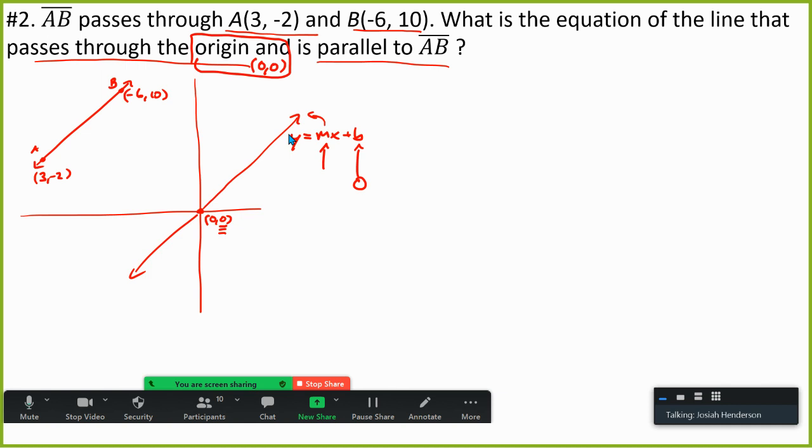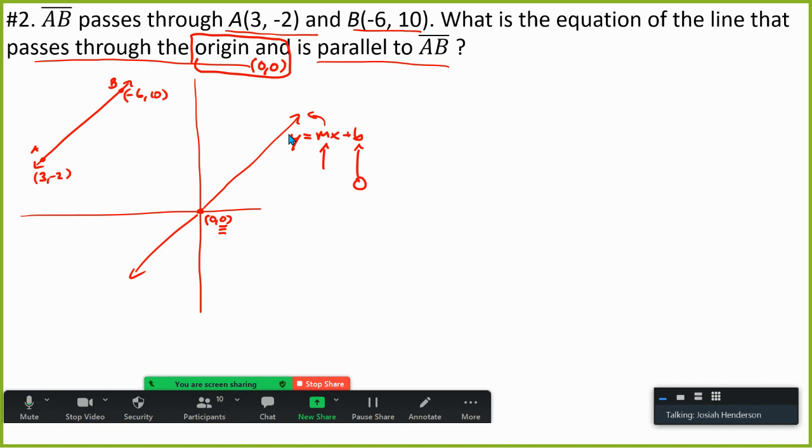Nothing yet. Okay. What information did they give us besides the origin and parallel to AB? What other information did they supply us? The points of this other line, right? Or segment AB. Good.